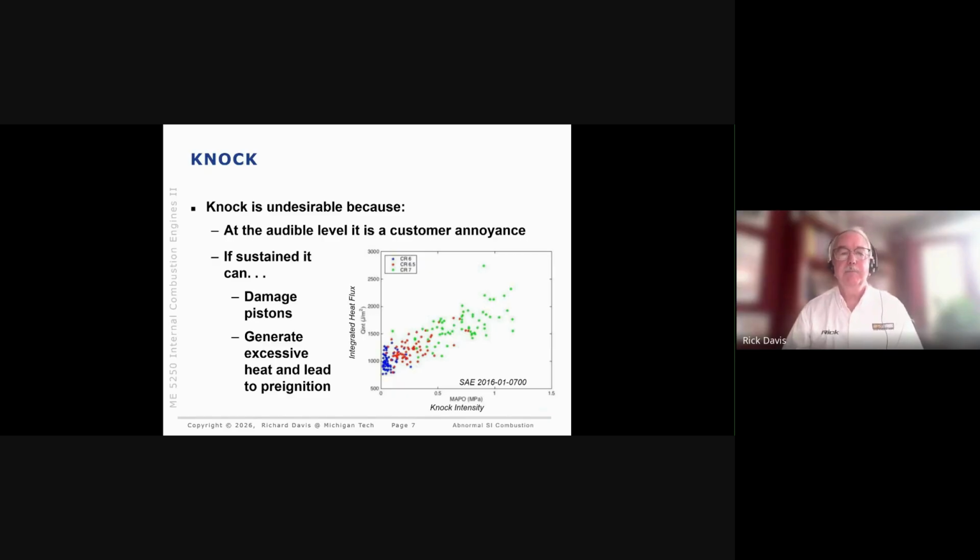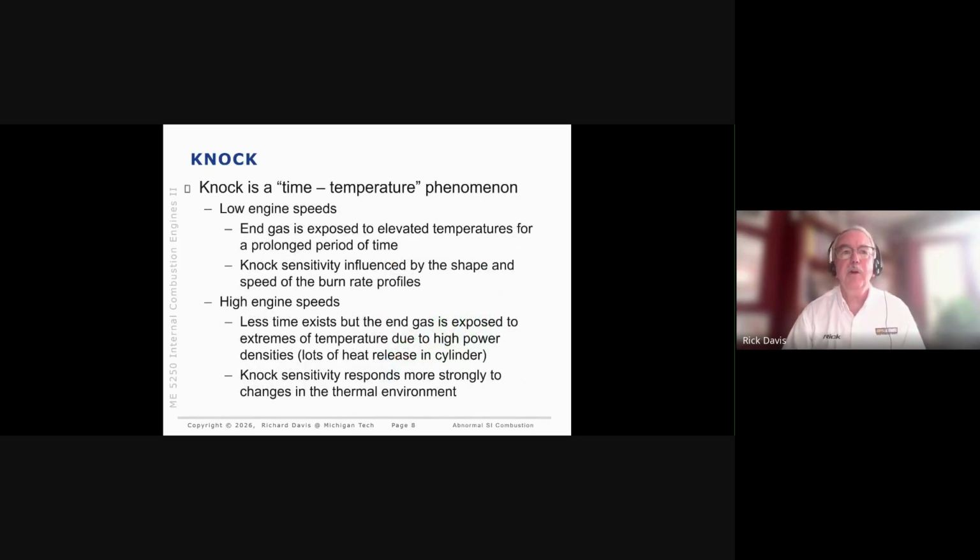So next slide. When we talk about knock and this auto ignition phenomenon, there's both a temperature and a time component to that. At very low engine speeds, when the engine's lugging, for example, in a high gear going up a grade, the N gas gets exposed to that elevated temperature for a longer period of time because of the slower engine speed. So it tends to be a time-induced phenomenon.